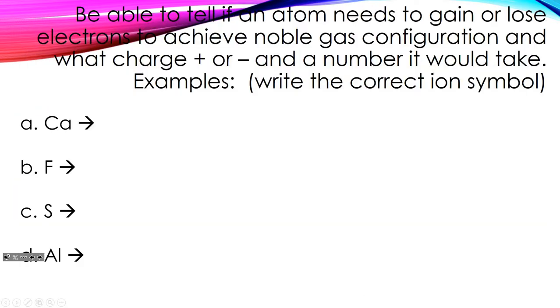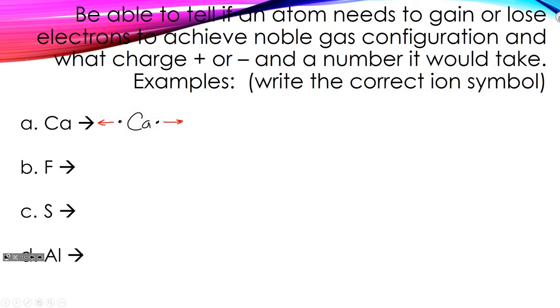All right, so when we look at an element, we need to be able to, in our mind, visualize that Lewis dot. So calcium, I'm just going to draw it. Calcium would have 2, right? Is it closer to 8 or is it closer to 0? It's closer to 0, so that means I'm going to get rid of these 2 electrons.